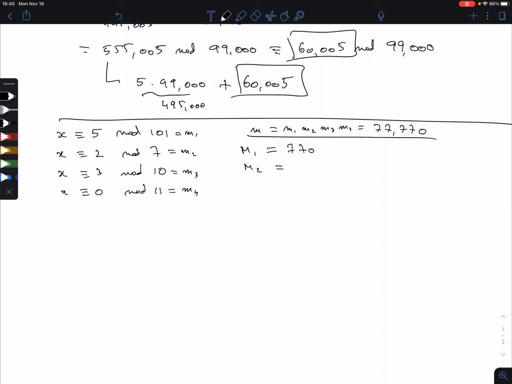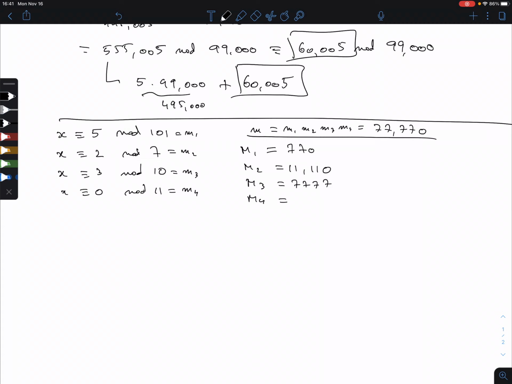Capital M2 will be 110 times 101, that is 11,110. M3 is 7,777, and then finally M4, what is M4? That is 101 times 70, that is 7,070.